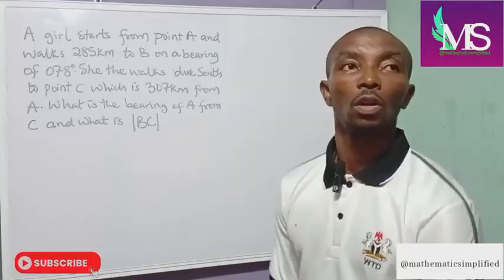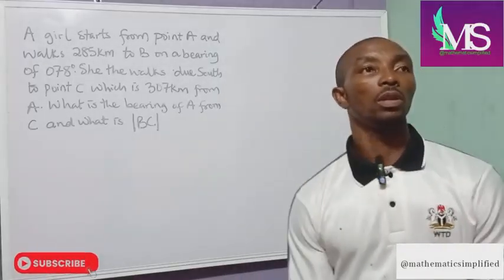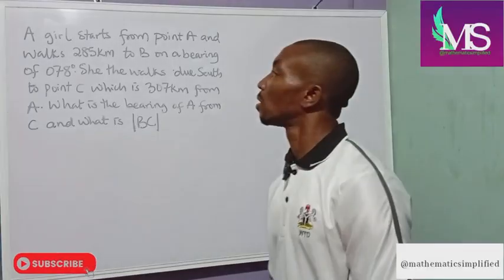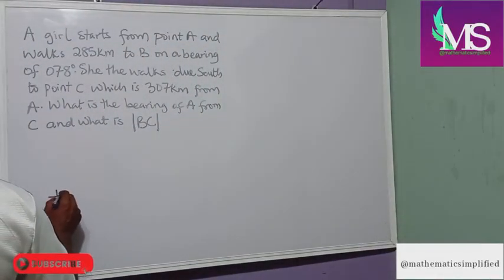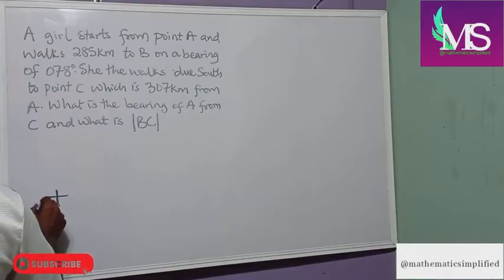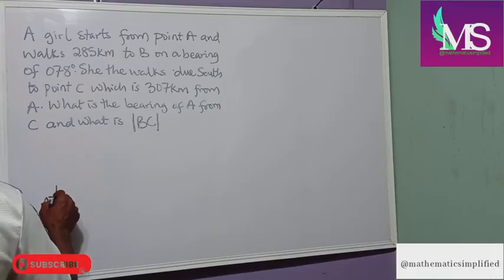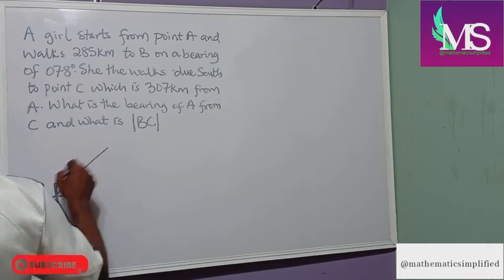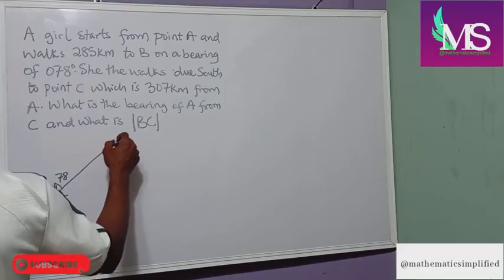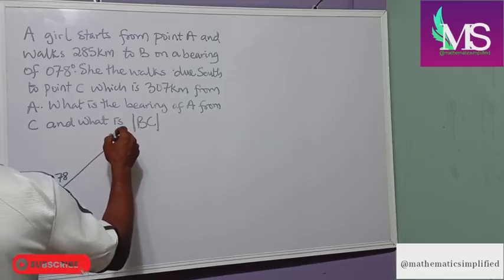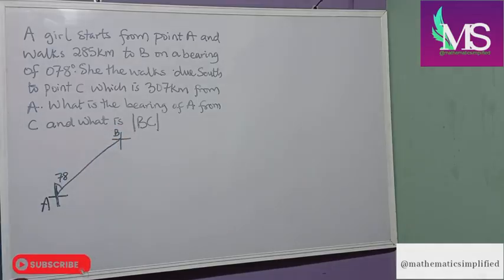Now looking at our question, we need to understand that she walked from point A. This is our point A, 78 degrees to point B. She now walks due south.